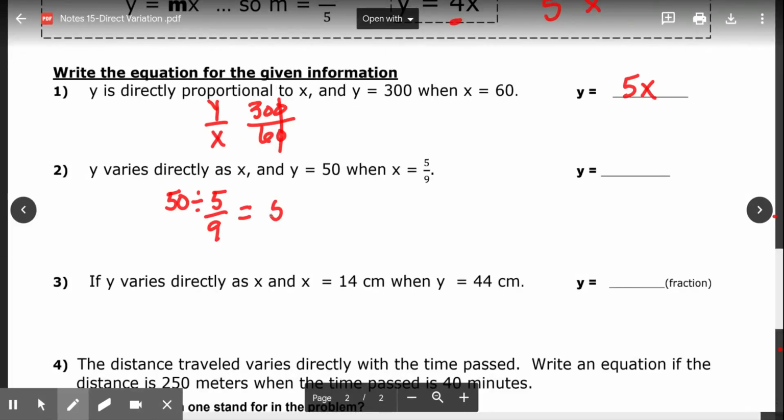Another way you can write this is 50 times, so we keep that, change division to multiplication, and then we flip the numerator and denominator. We flip that fraction, so it'll be 9 over 5. Now this 50, we could put a 1 under, and so you have two fractions multiplied together. So 5 divided by 5 is 1, 50 divided by 5 is 10, and 10 times 9 is 90. So y is equal to 90x as your equation.